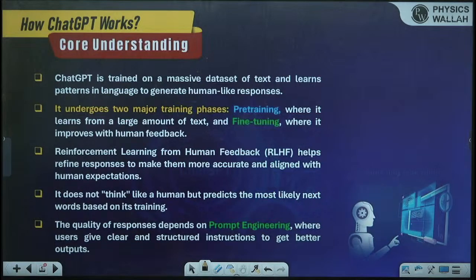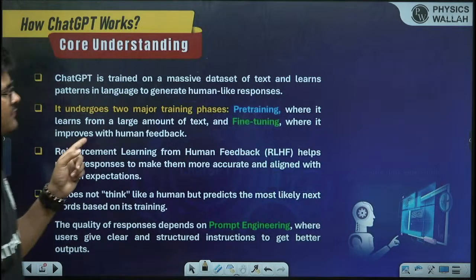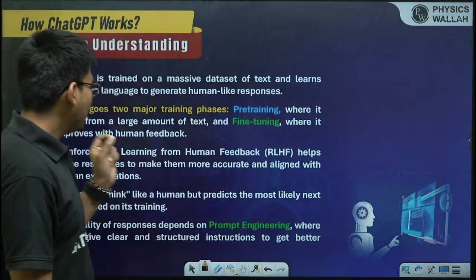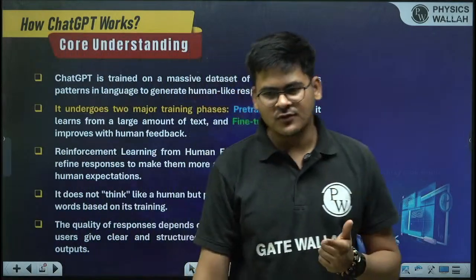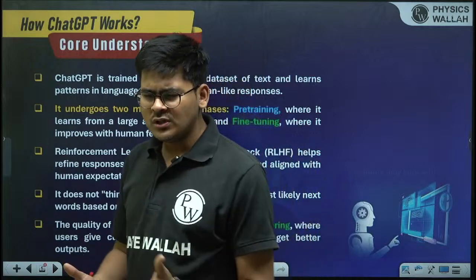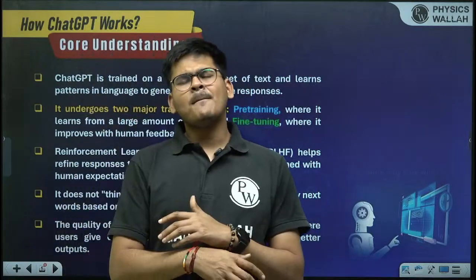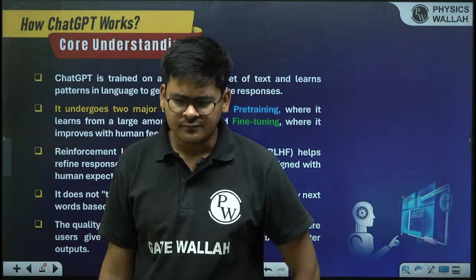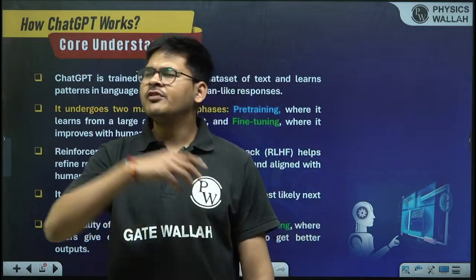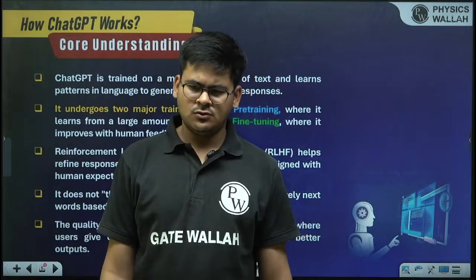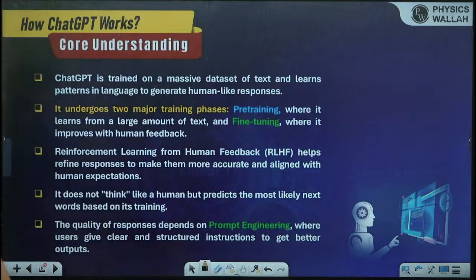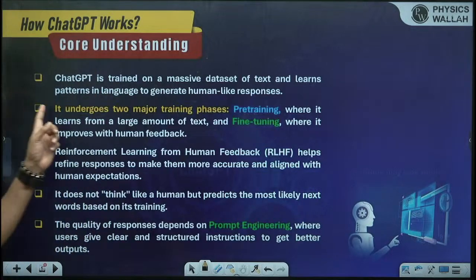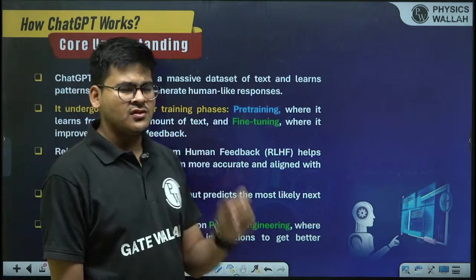First of all, ChatGPT is trained on a massive data set of texts and learns patterns in language to generate human-like responses. It is trained on a massive amount of text data. Consider all the Wikipedia pages in the world, ChatGPT has been trained on them. Then it undergoes two major training phases.